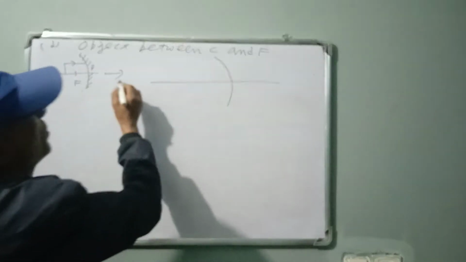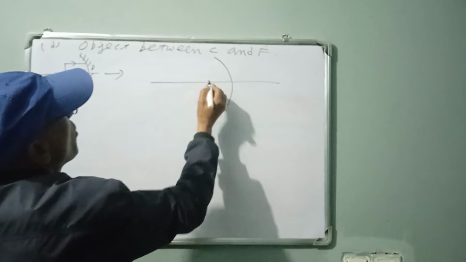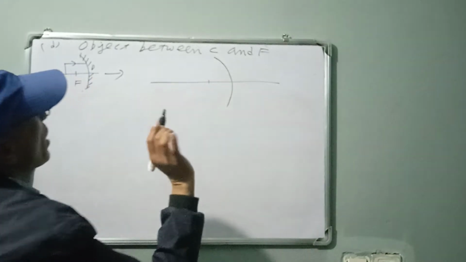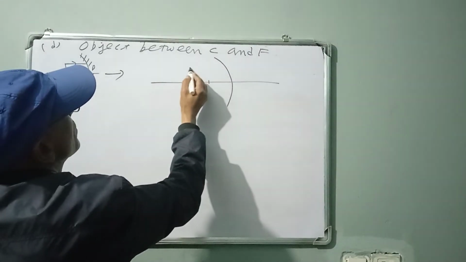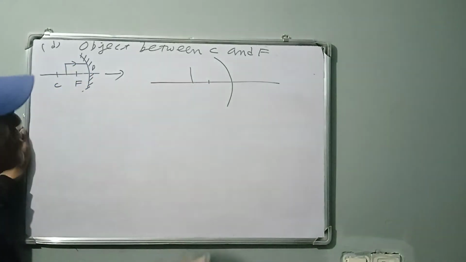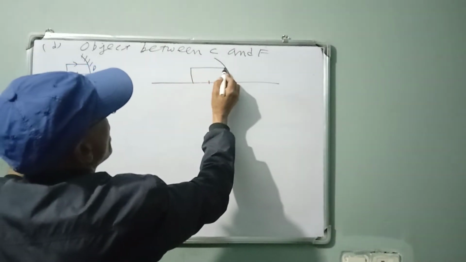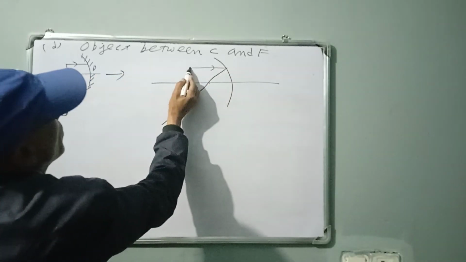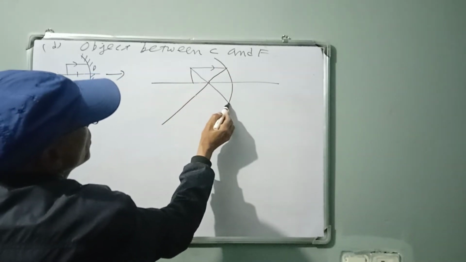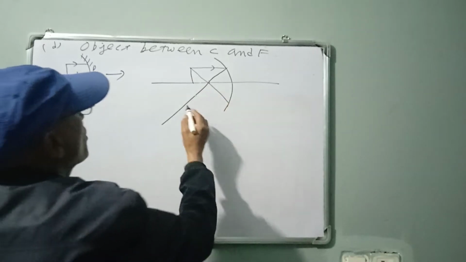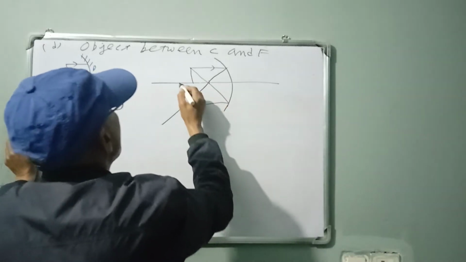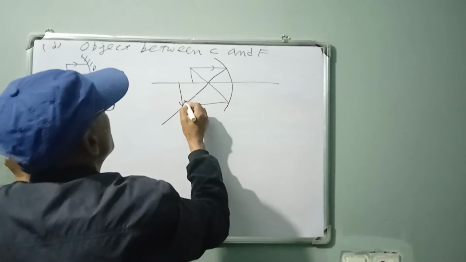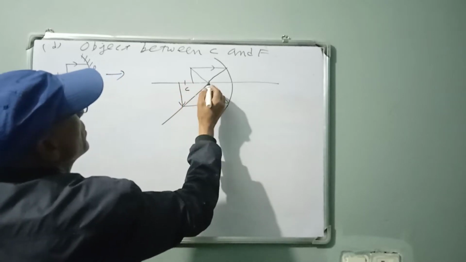Concave mirror, principal axis, focus, center. I draw the center later on. See, this is an object. A parallel ray passes through the focus, and another ray which passes through the focus will be parallel, and they meet somewhere here.